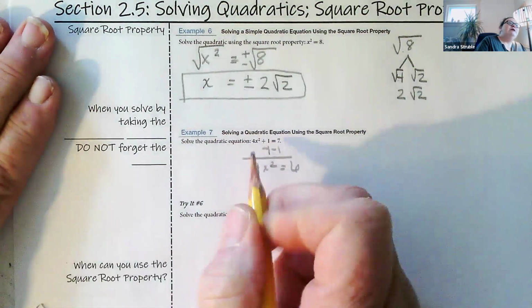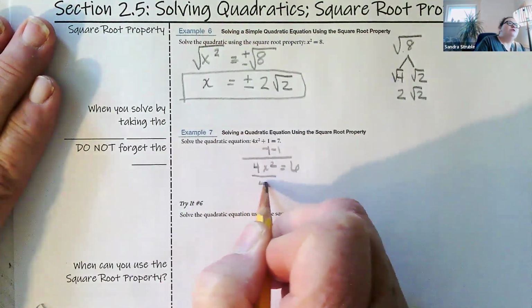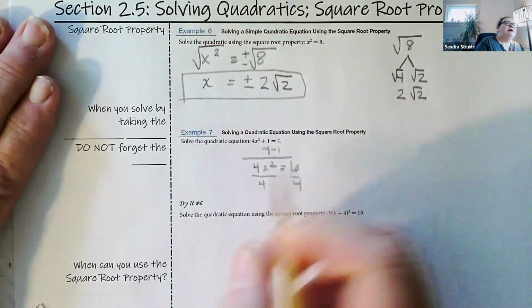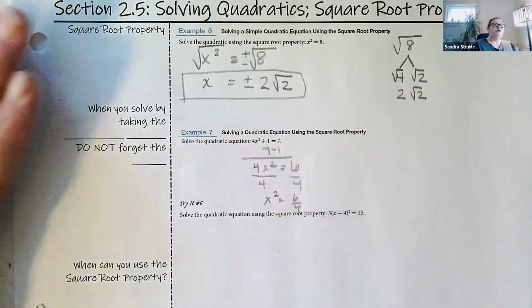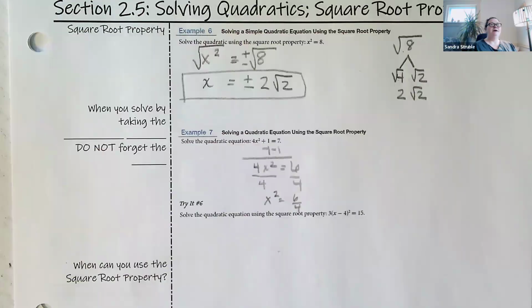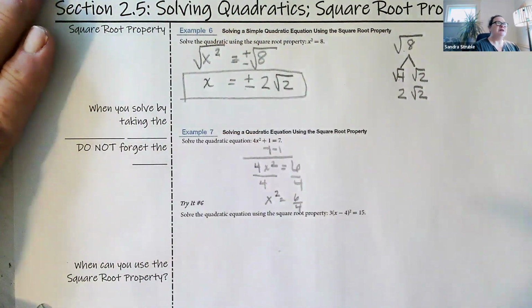Now I want to divide both sides by 4, and I get x squared is equal to 6 over 4. Do not reduce this. Please do not reduce this, okay? Because when you take the square root, it's going to make it a lot easier if you don't reduce it first, especially in this situation.